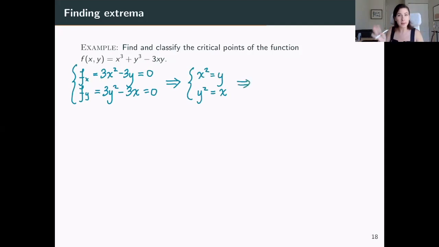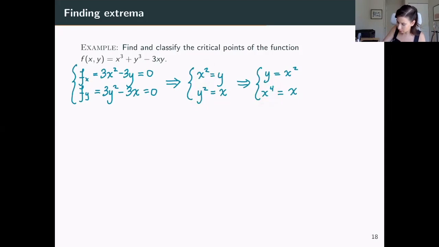By substituting in y equal to x squared in the bottom equation, we can rewrite the system as y equal to x squared and x to the power of 4 equal to x. Subbing in x squared for y, we get x squared squared, which gives me x to the power of 4.